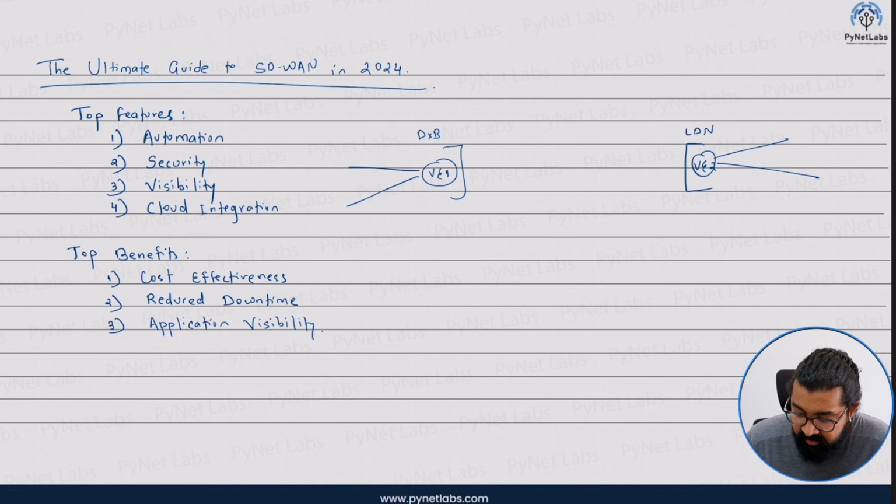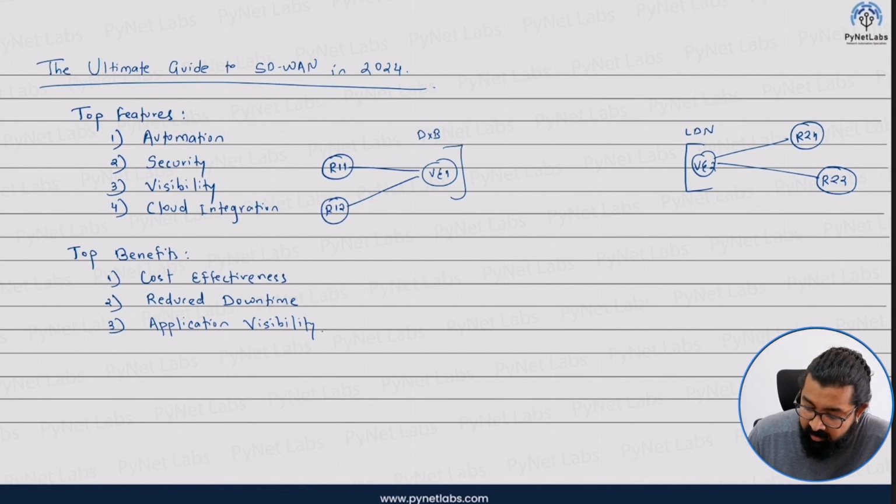The LAN segments are connected to router 11 and router 12, and on the other side, we have router 21 and router 22. Definitely these LAN segments are going to have their own prefixes.